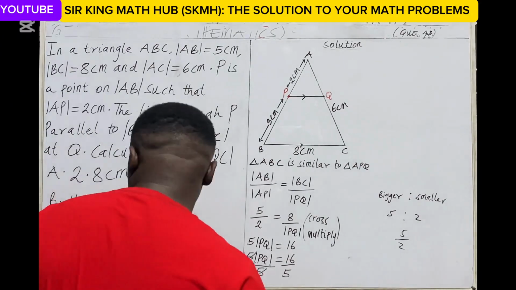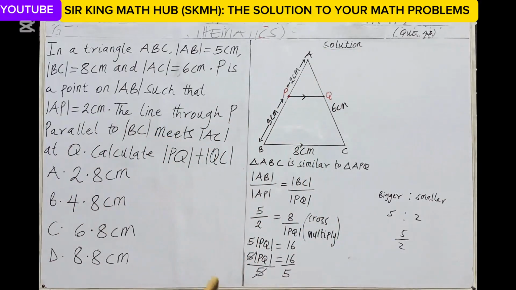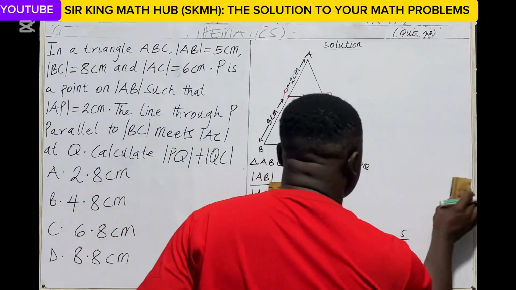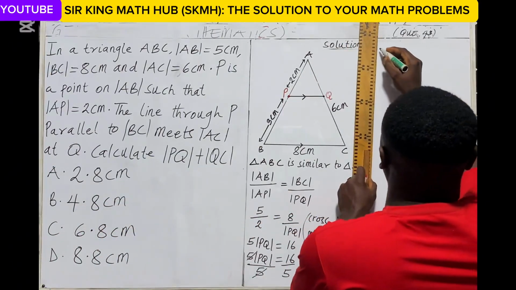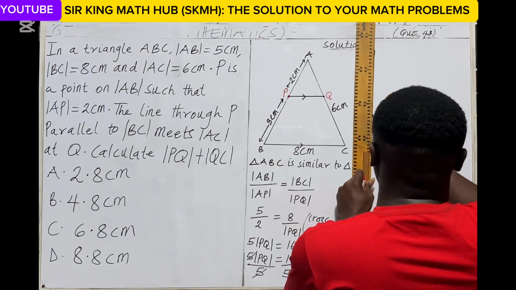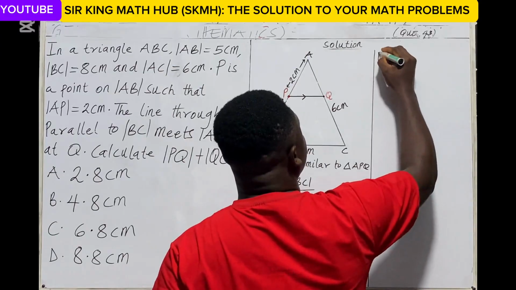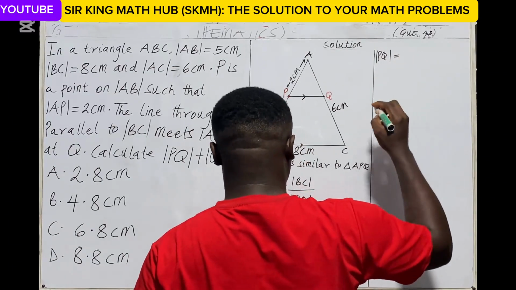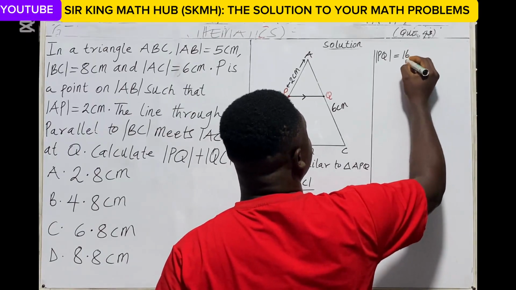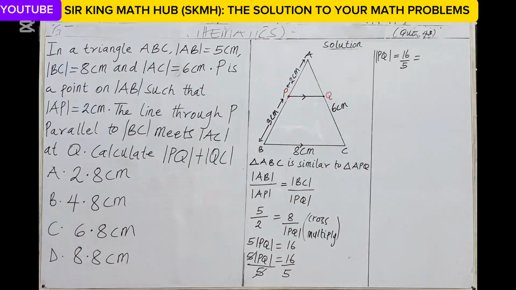So we have PQ as 16 on 5. But I want us to represent our answer in a decimal form.